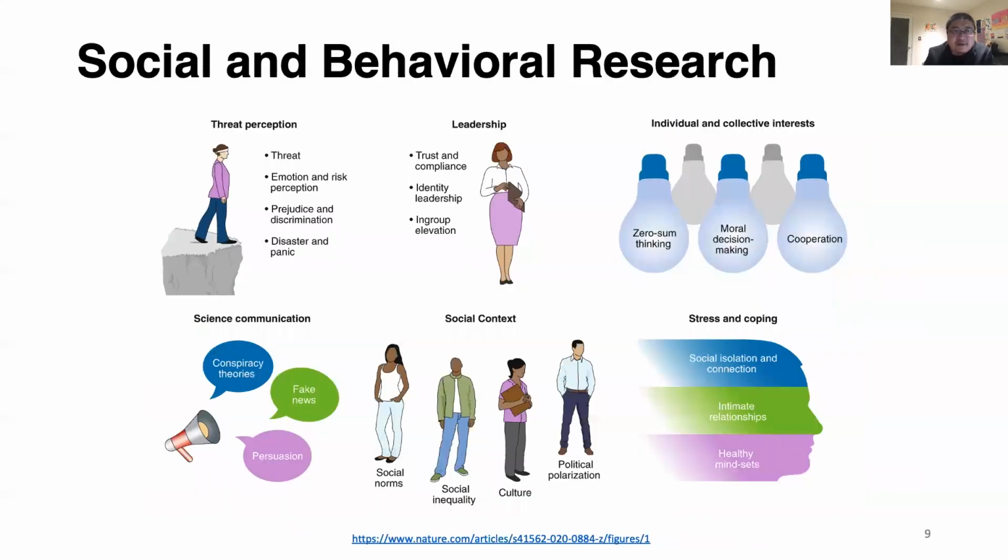And the fourth one is social and behavioral research. A lot of people have been impacted, especially mentally, by the disease, and they tend to express their concerns or want to know more on social media.